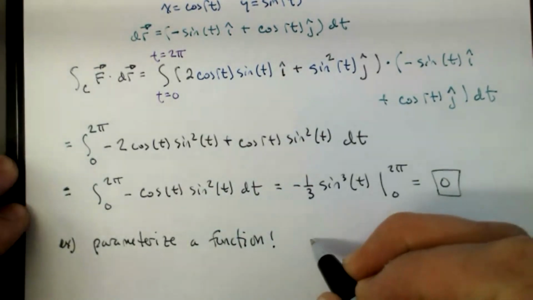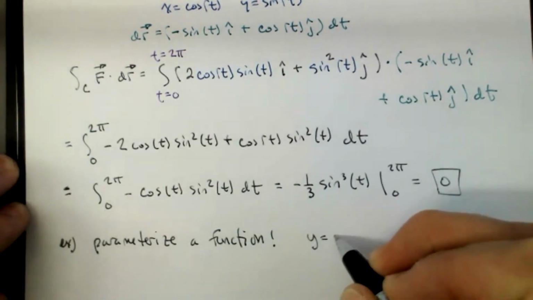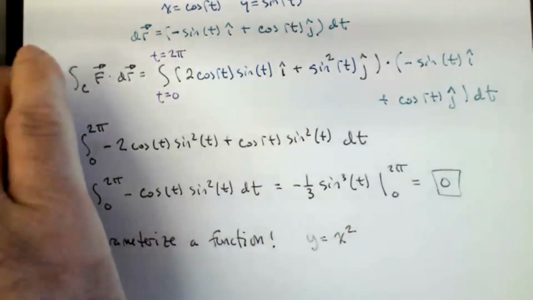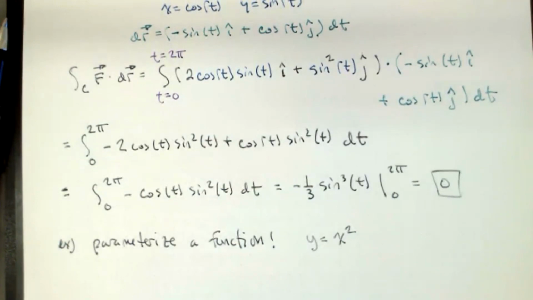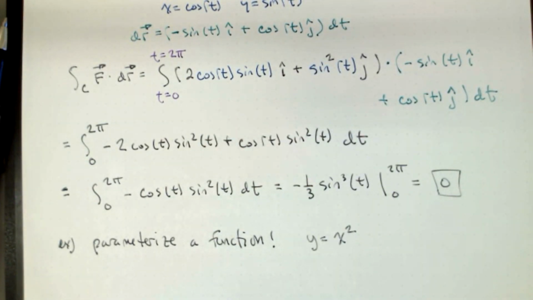So, for example, what if y is a function of x? Y is equal to x squared. If we want to parameterize a function where there's already a relationship between the variables, that's even easier. We're going to make x and y functions of t.